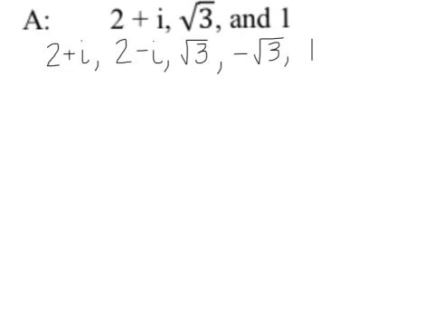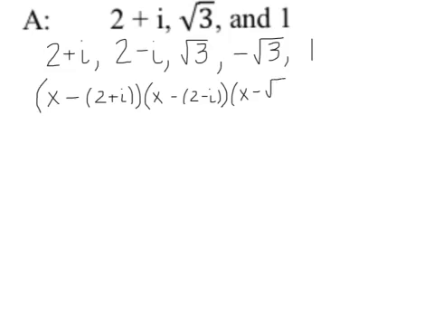Remember that when you are turning your roots into factors, you use the opposite. So we have 2 plus i, so to make this a factor, it's x minus (2 plus i). Then we have x minus (2 minus i). We have x minus the square root of 3.